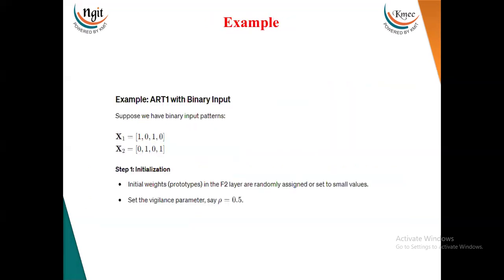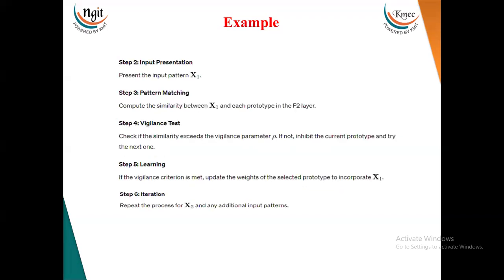So we'll see one example. Here I have a binary example, x1 and x2. In the initialization, I'm initializing the weights of the F2 layer randomly to small values, and the vigilance parameter is 0.5. Present the input pattern x1 and compute the similarity for each prototype in F2.